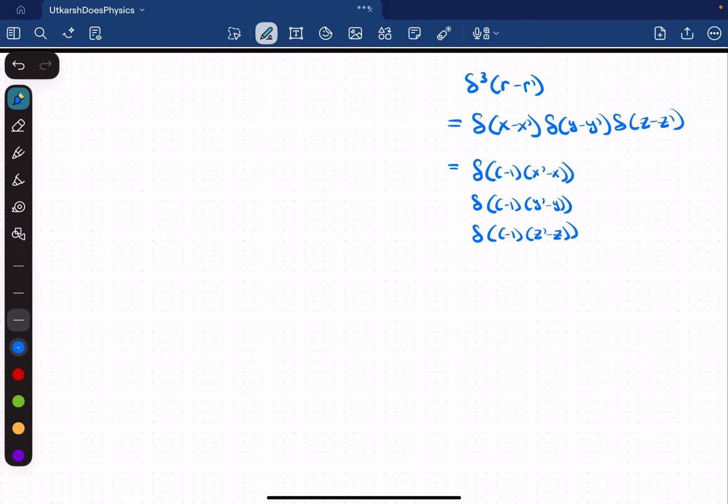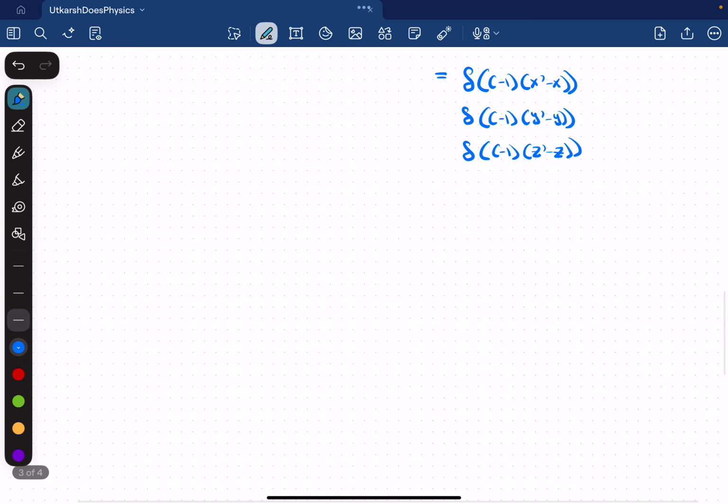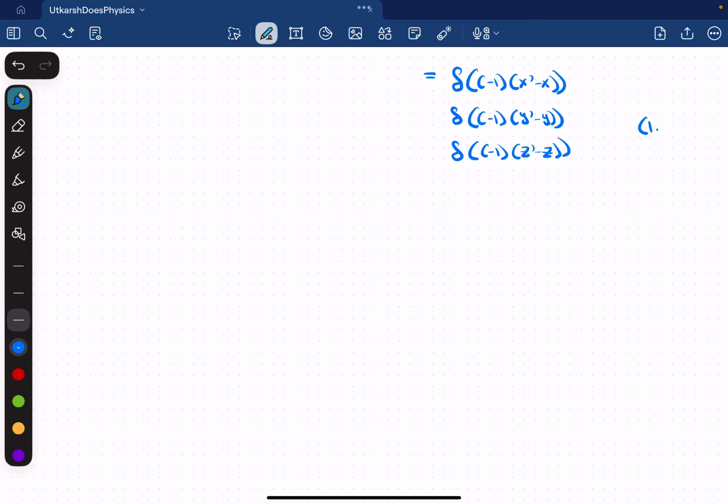And that's great. So now we almost have it in the form that we want. To get this minus 1 outside of the delta function, we have to apply equation 1.94.